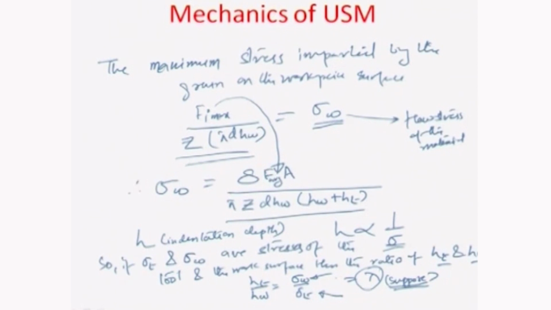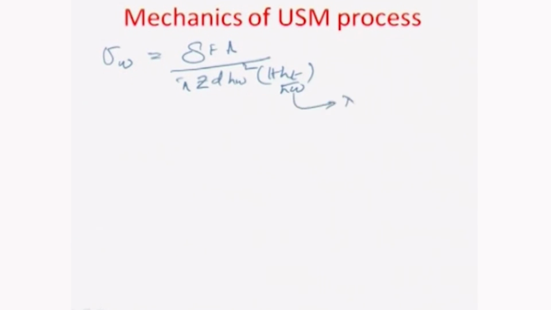So, therefore, the sigma W, the ultimate yield stress which is developed, can be modified as 8 Fa divided by pi z d HW square times 1 plus HT by HW, which signifies this constant lambda. So, we can write this down as 8 Fa divided by pi z d HW square times 1 plus lambda.